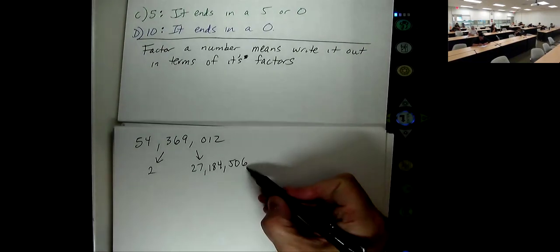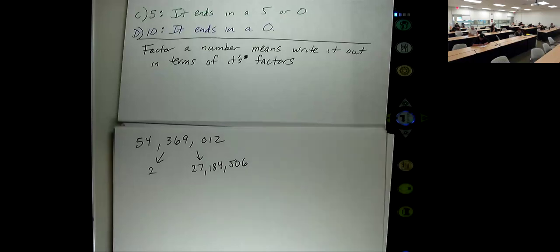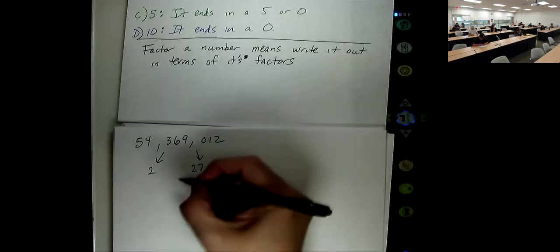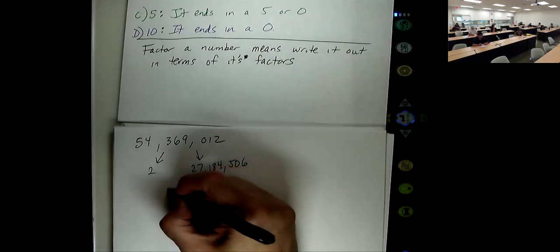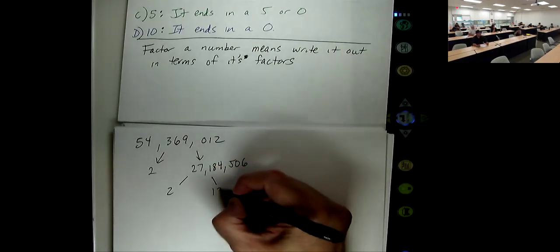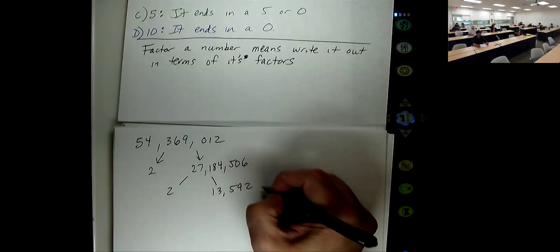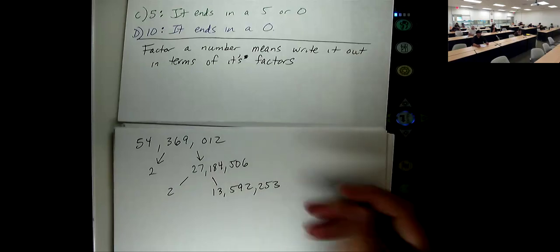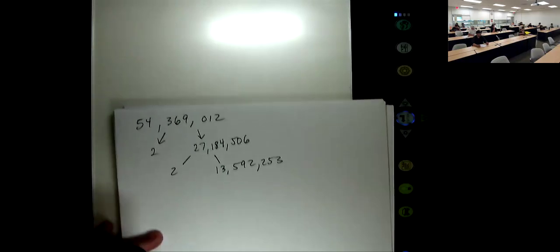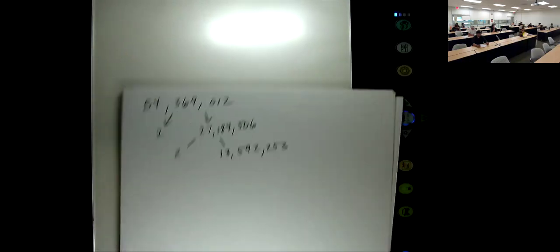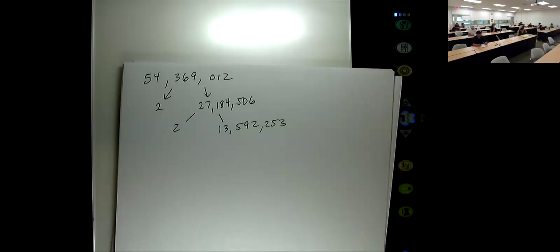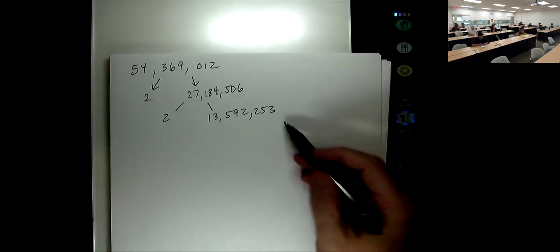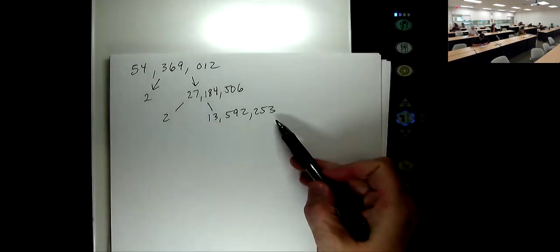This ends in an even number, a 0, 2, 4, 6, or 8, so it means I can divide by 2 again. 14,592,253. I think maybe I made too big of a number to do practically, but we'll find out. It doesn't end with an even number, so there's no more twos.